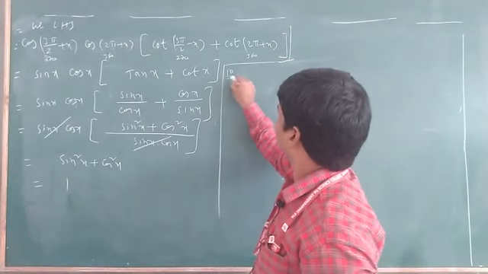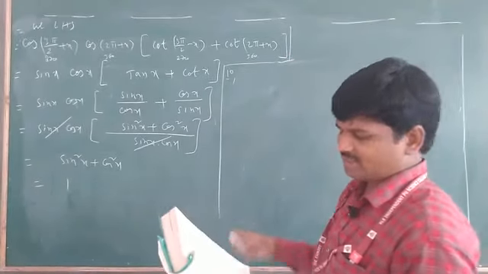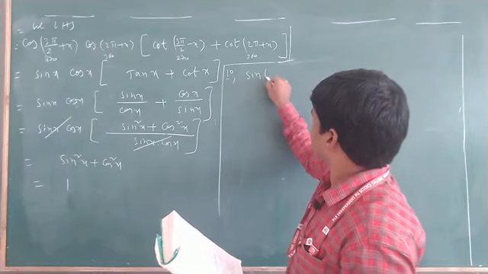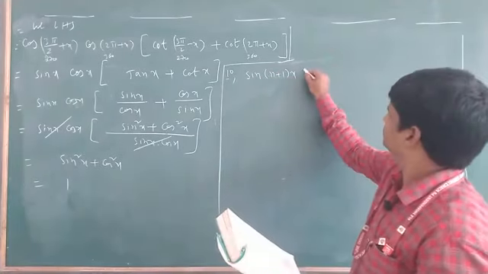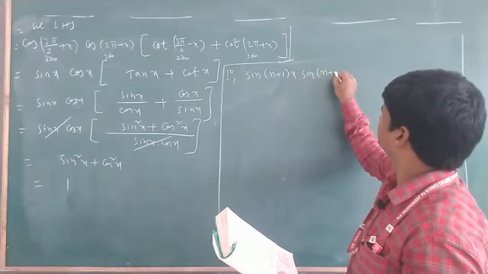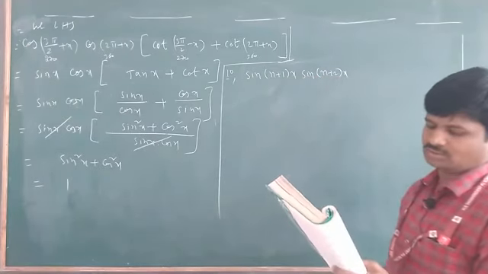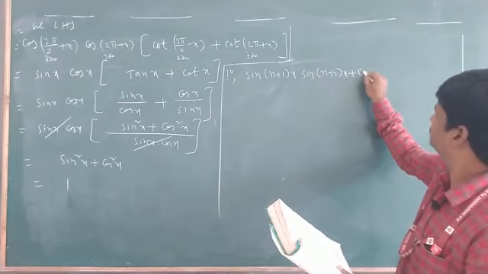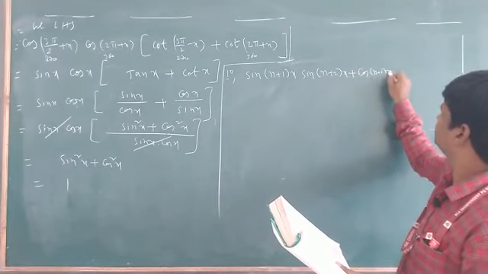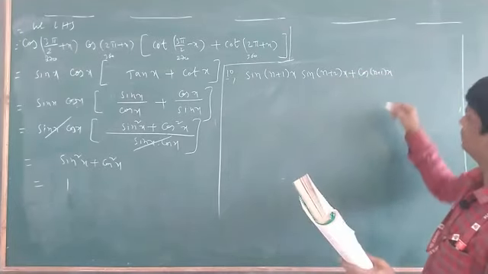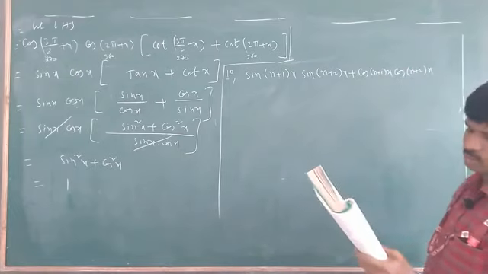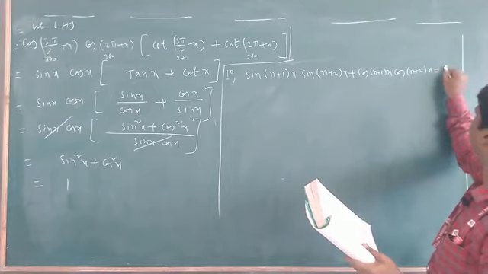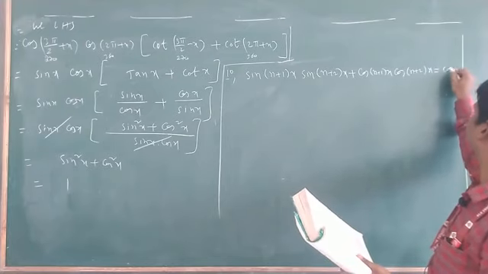Question number 10. What is given here? sin((n+1)x) · sin((n+2)x) + cos((n+1)x) · cos((n+2)x) is equal to cos x.